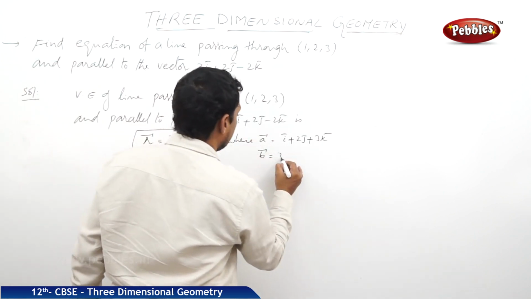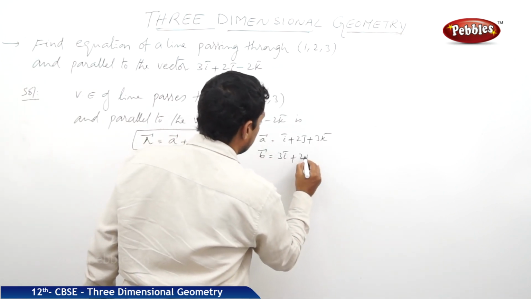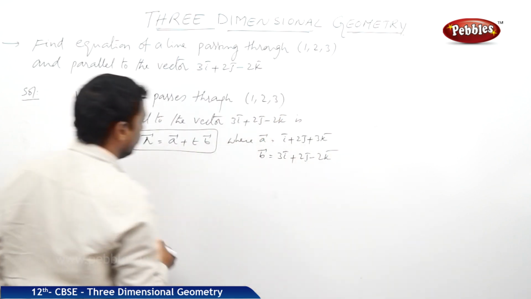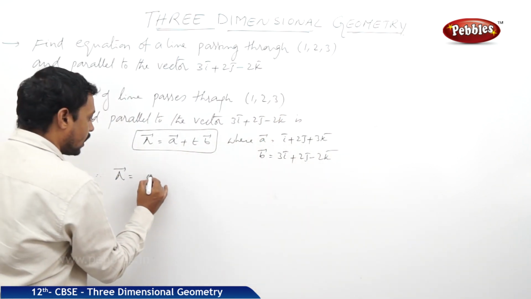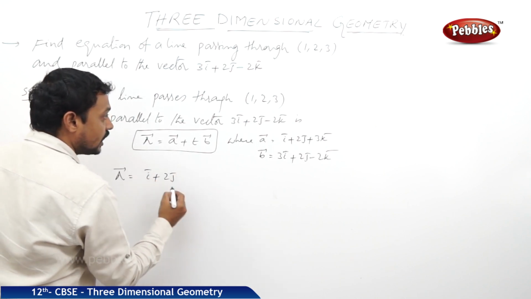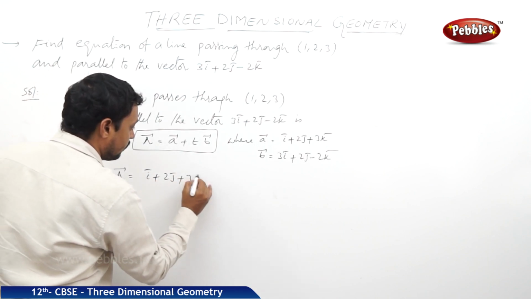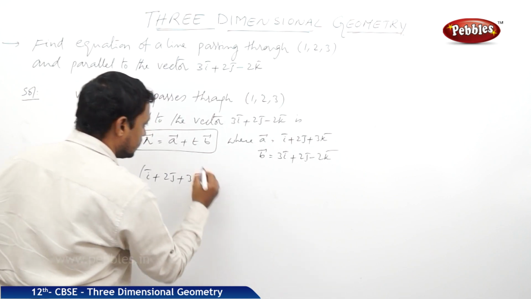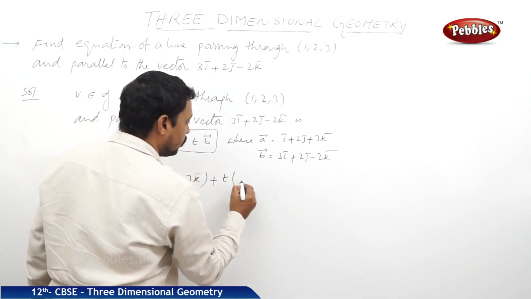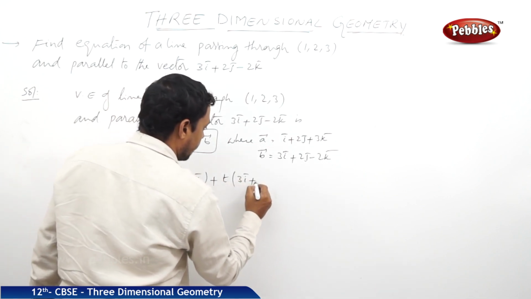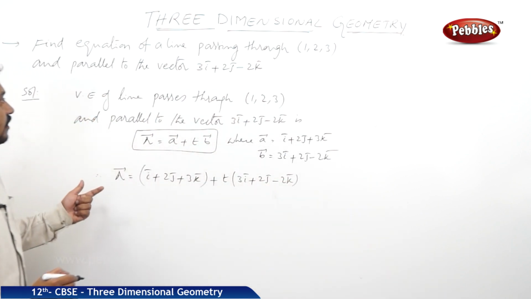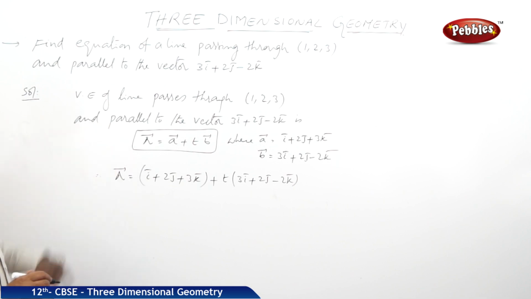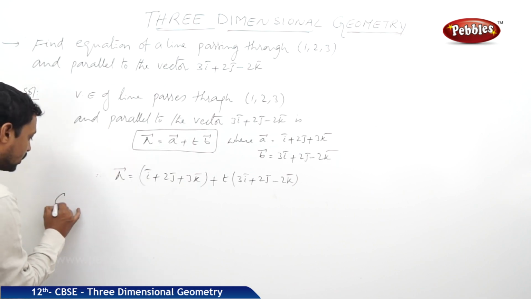What is here? 3i plus 2j minus 2k. Therefore, r bar is equal to i plus 2j plus 3k plus some scalar t into (3i plus 2j minus 2k). Now this is the vector equation of the line. Now let us define the Cartesian form.